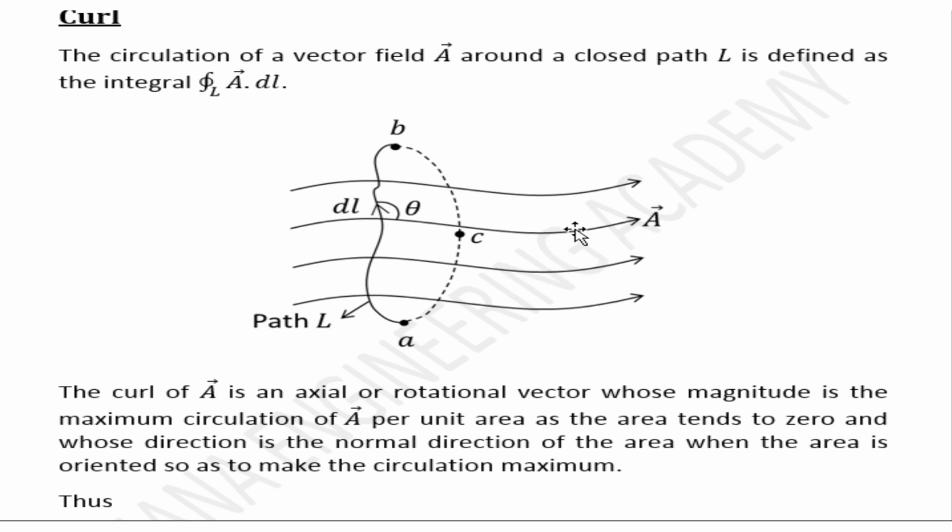So curl is the axial or rotational vector whose magnitude is the maximum circulation of that particular vector per unit area, as the area tends to 0.